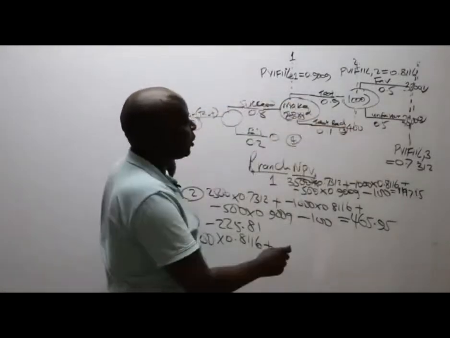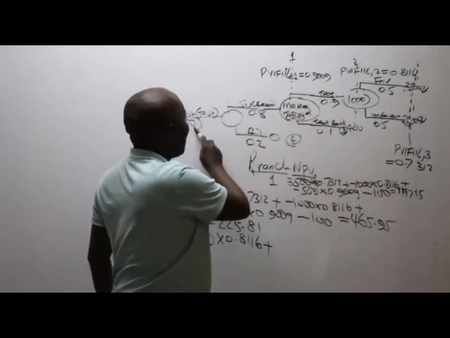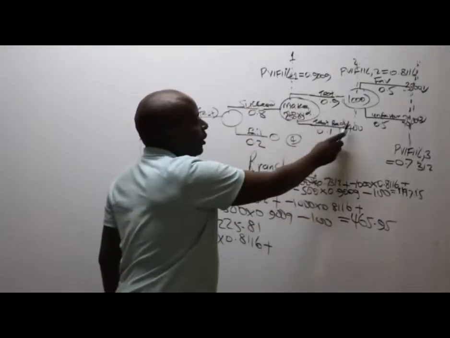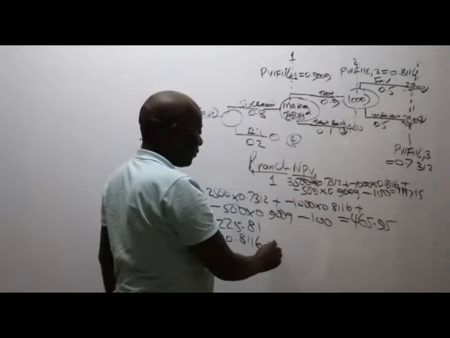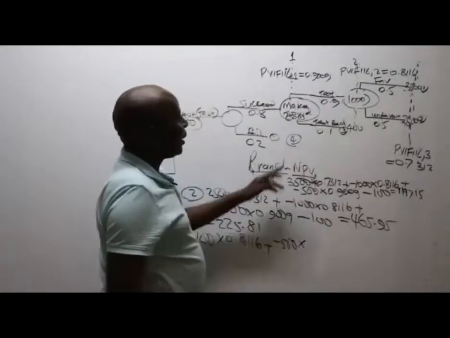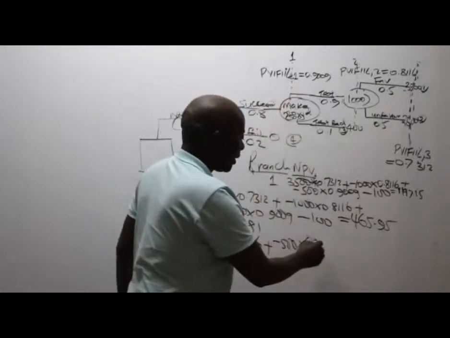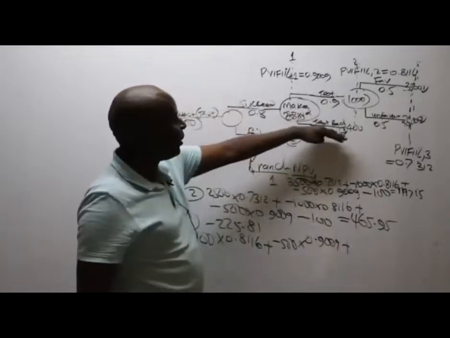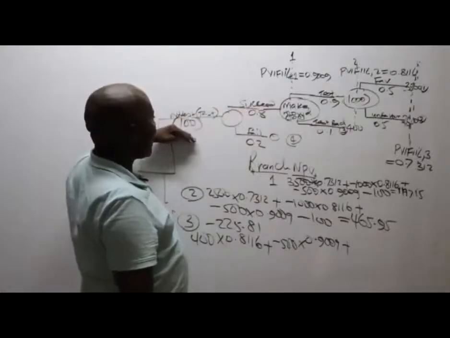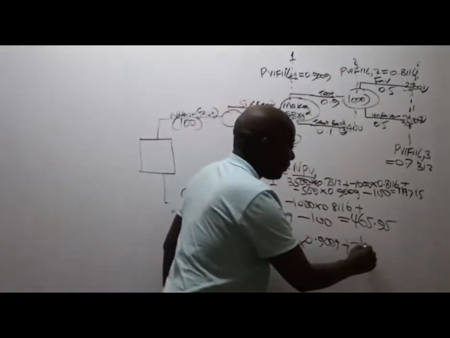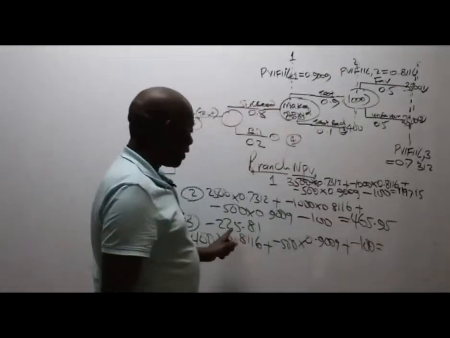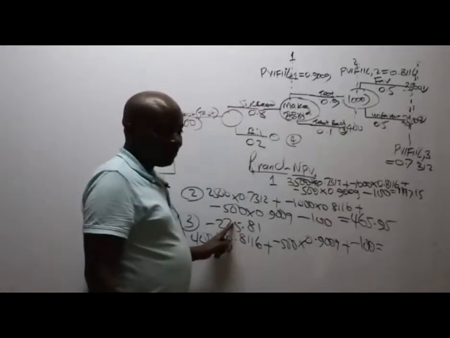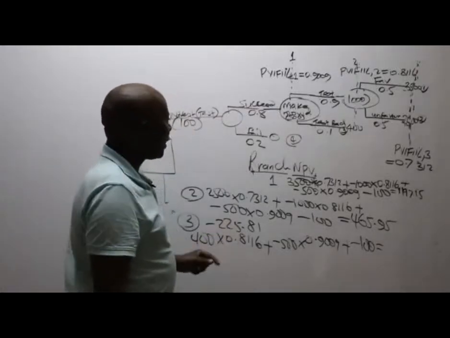You'll be able to see your cash flows, 3 of them. So this is 400 discounted plus minus 500 discounted. When I discount this, I'll multiply this with 0.9009, plus, I continue with my journey. The next cash flow is minus 100. This is what they did to get this figure, I suppose.